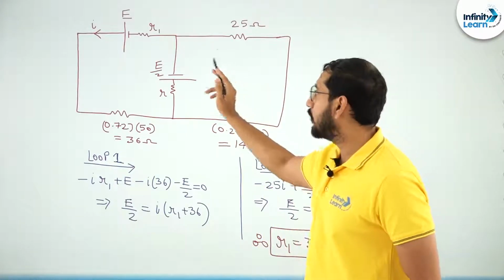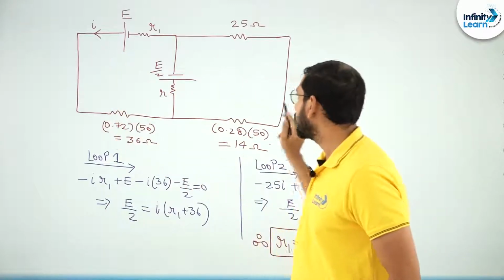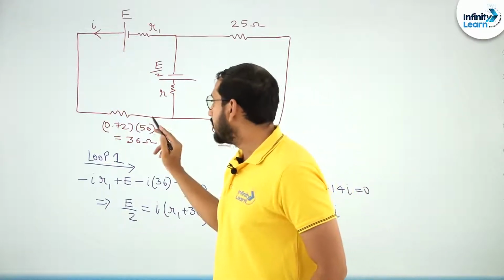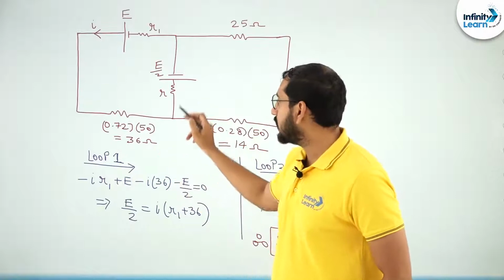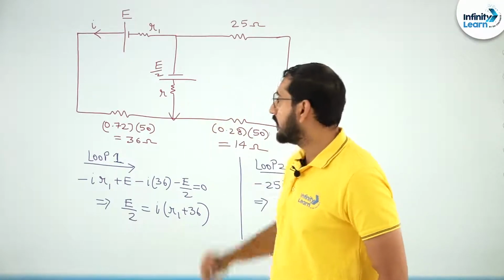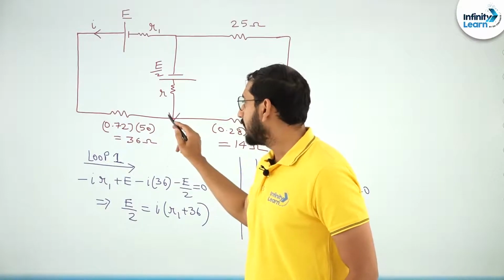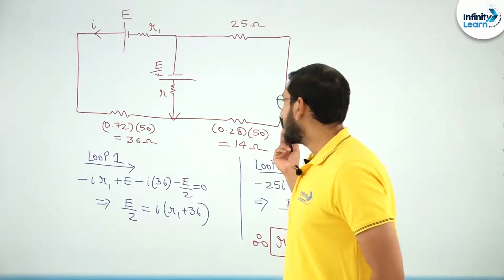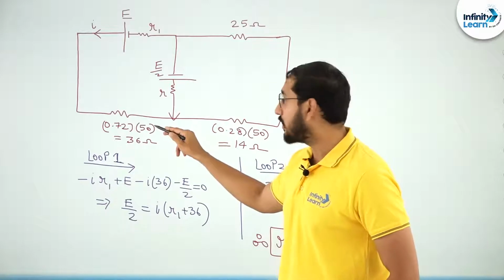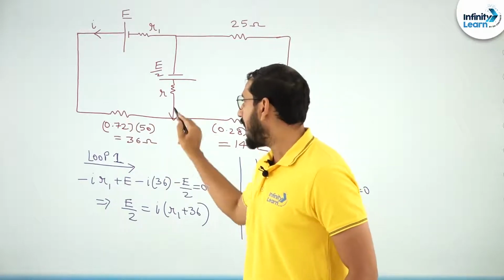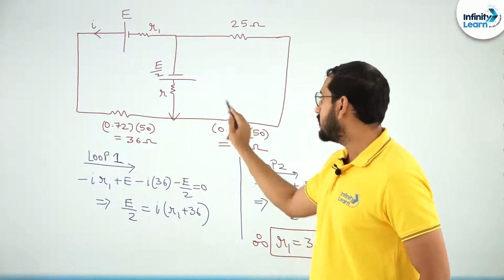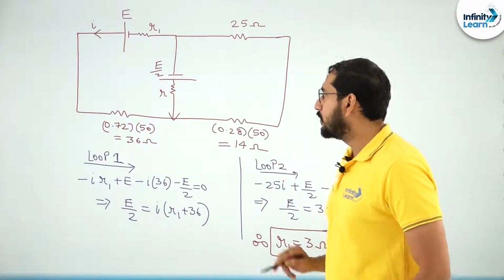So whatever current is flowing will flow in the outer branches of the circuit only. This was the point where the null point is achieved, this is the length 72 centimeter, right? And the entire wire has a resistance of 50 ohm. So this section will have a resistance of 36 ohm and this section will have a resistance of 14 ohm.